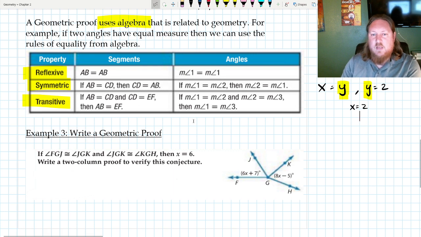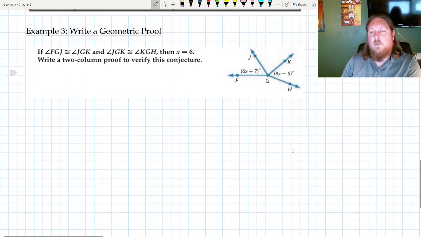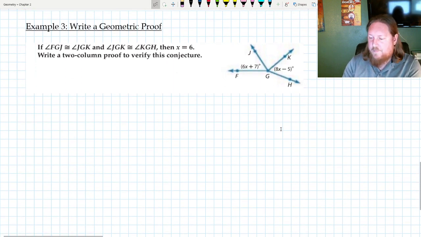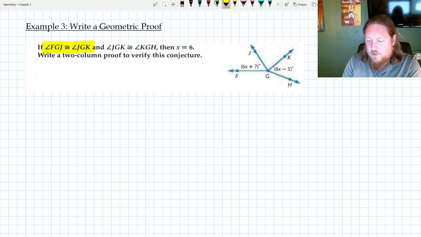So, example 3. We're going to write a geometric proof. If angle FGJ is congruent to angle JGK, and angle JGK is congruent to angle KGH, then x equals 6.